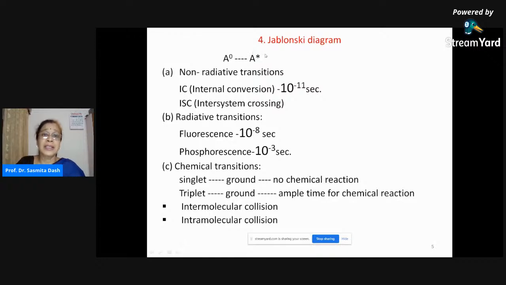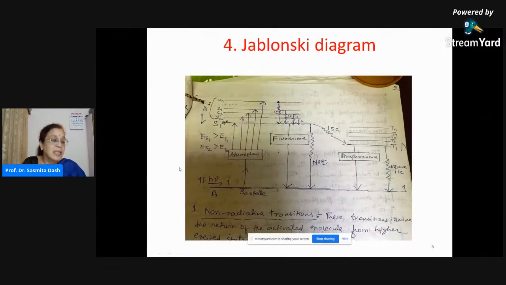So this high energy molecule A star is likely to come down to a low energy or more stable state by different phenomena. All these phenomena will be described as we go through the Jablonski diagram. The first one is non-radiative transition, the second one is radiative transition, and the third one is chemical transition. We will discuss all of these after referring to this Jablonski diagram.